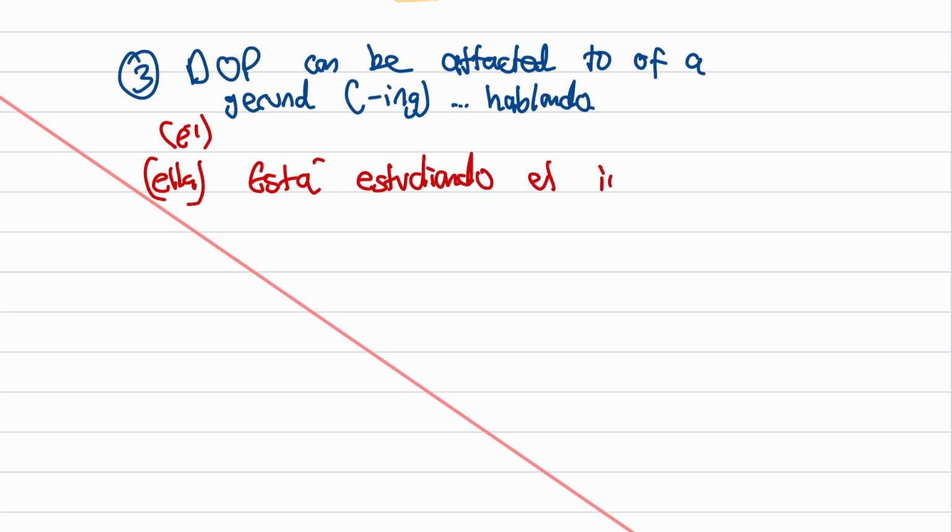el inglés. So as always, we get rid of el inglés. We've already mentioned it earlier in the text. We can just, in this example, act as if we have, and replace this with lo because el is masculine singular. So está estudiando. This lo, as it says here, can be attached to the end of the gerund. So está estudiandolo.